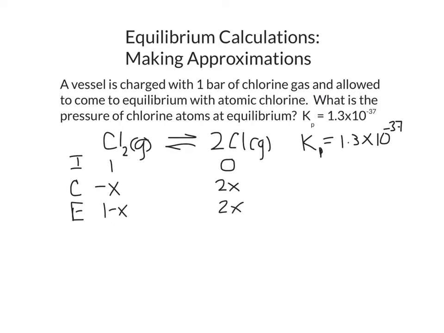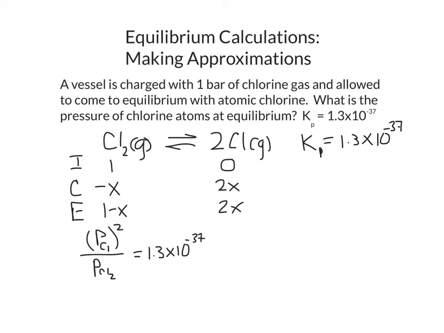I know that my equilibrium expression for this reaction is the pressure of chlorine atoms squared, because I have 2 of those, divided by the pressure of chlorine molecules. And when I reach equilibrium, that quotient will always be equal to the equilibrium constant value, which is 1.3 times 10 to the minus 37.